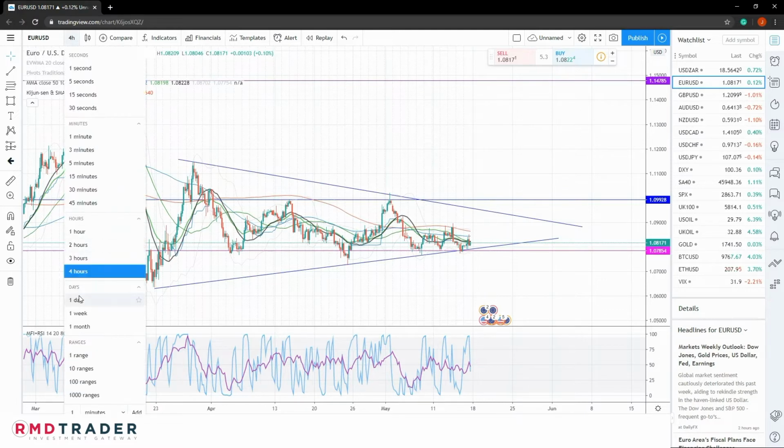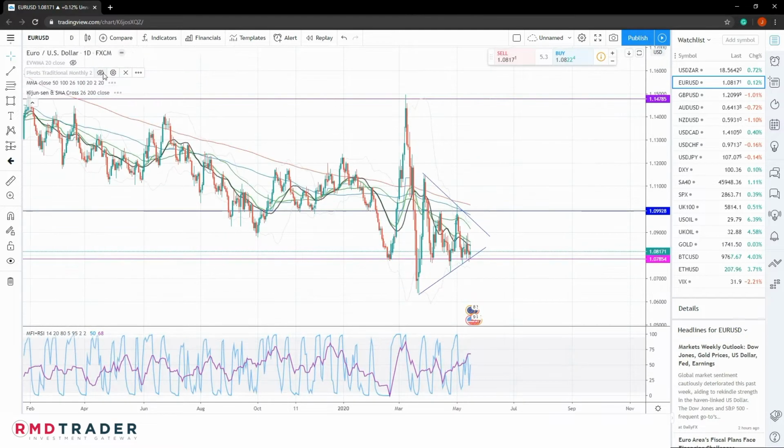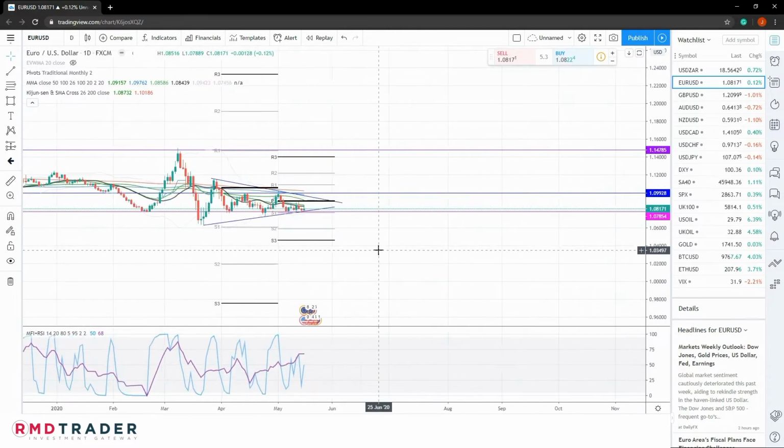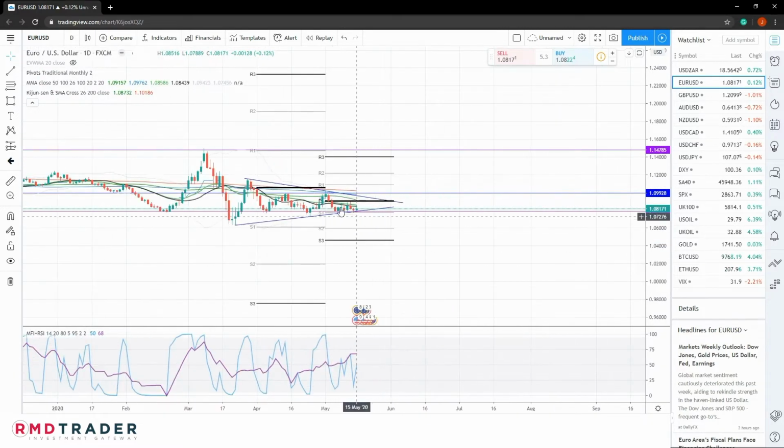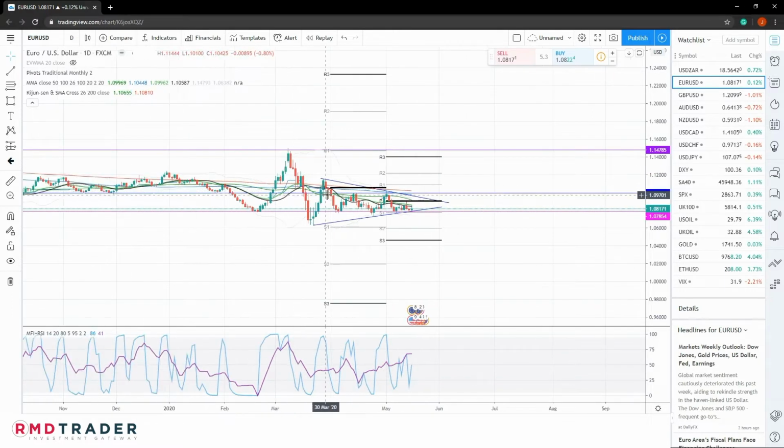Just moving back to the daily and looking at the pivot levels. We are below the monthly pivot levels, and we did see some form of rejection. So that in combination of being below the 200-day SMA and the 100 SMA is still more of a bearish picture.